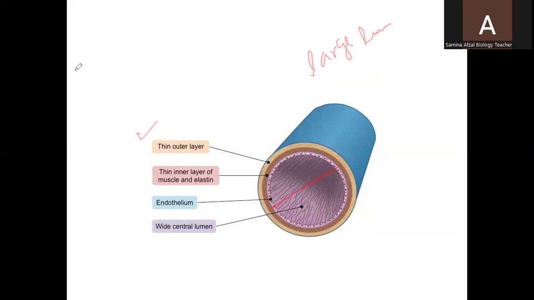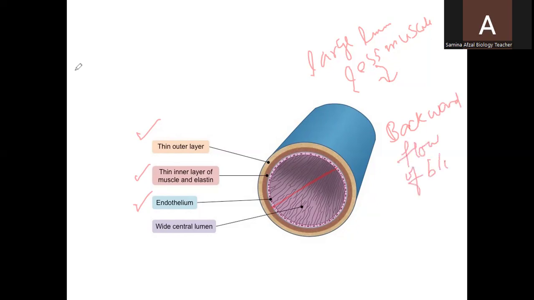It is also made up of 3 layers, but it is less muscular. With a large lumen or diameter, there is a possibility of backward flow of blood. So the backward flow of blood is prevented by having valves in them.